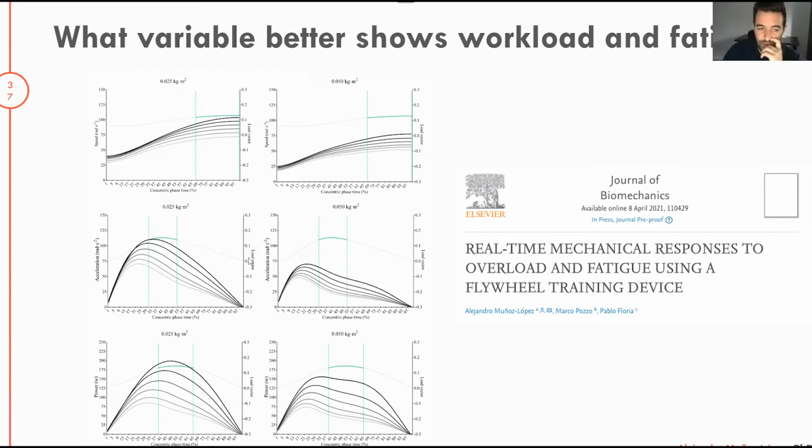We are not focused now on the eccentric phase. So we saw that after the peak acceleration, we found the highest variation among different moments of inertia, as you see here, and among different repetitions. What you see here is the 5th repetition, the 10th, 15th, 20th, 25th, and 30th repetitions. So the highest variation is presented here.